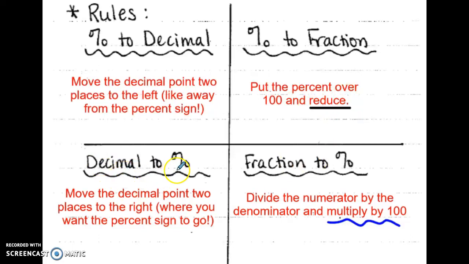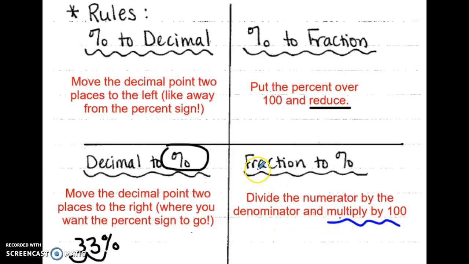To change a decimal to a percent, we do the opposite of what we did up here. We're going to move the decimal point 2 places to the right and add our percent sign. For example, move it 2 to the right and add a percent sign. 0.33 equals 33%.